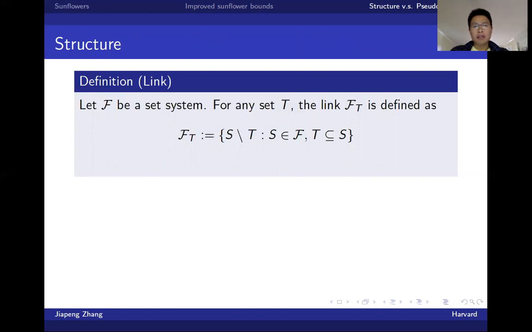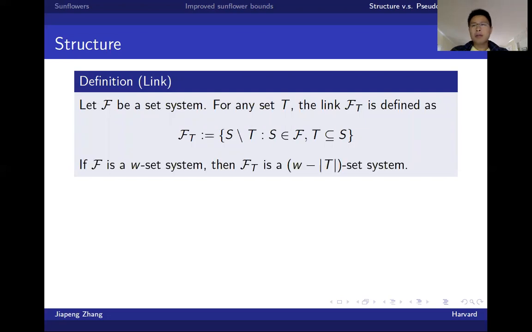We first find all of the sets that contain T as a subset, and then we remove T, the common part.